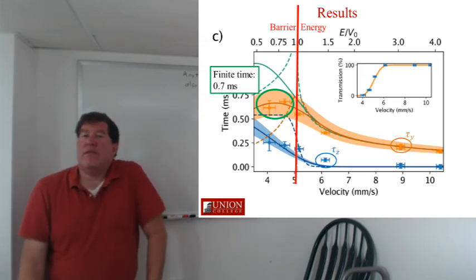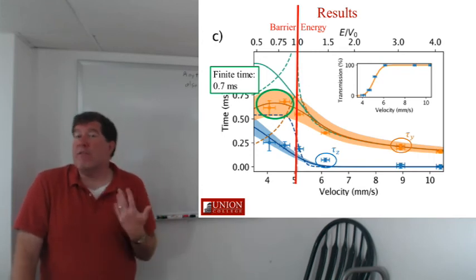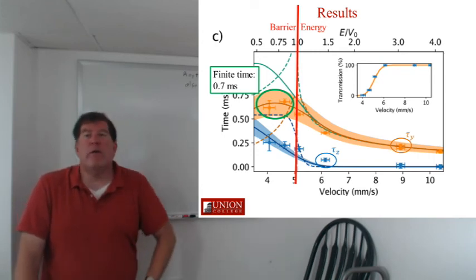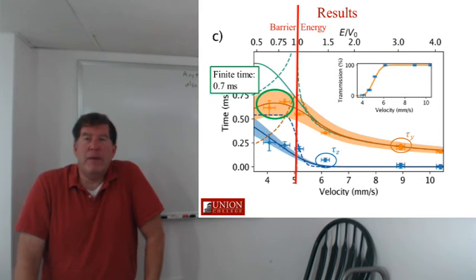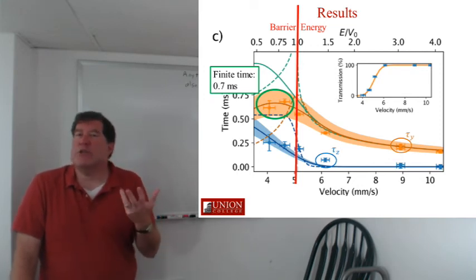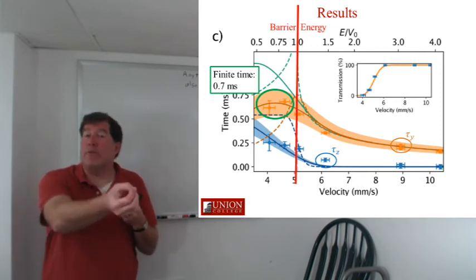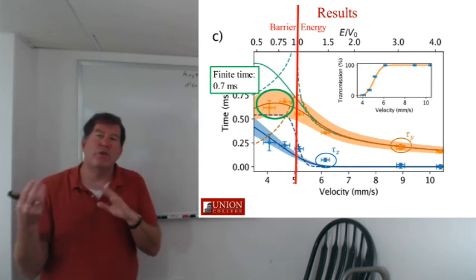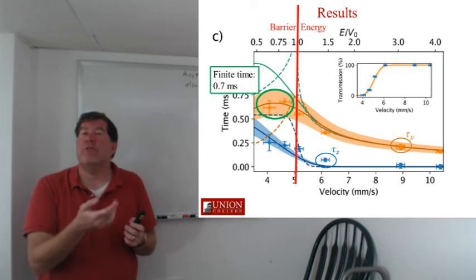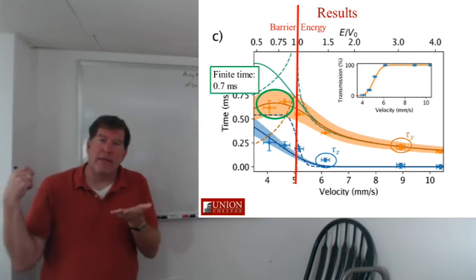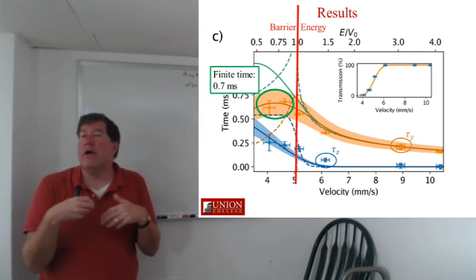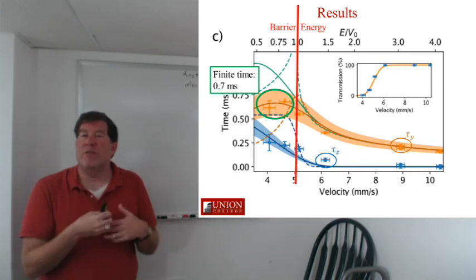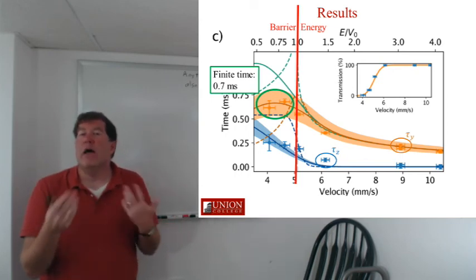This is in the same way that the Attoclock measurements aren't perfectly definitive. This is also not completely definitive. People who are really attached to the idea of this tunneling being absolutely instantaneous have arguments that they make that, well, what you're measuring here is something else. It's not really that the atom is spending any time inside the barrier. This is an artifact of the way that you do the measurements.